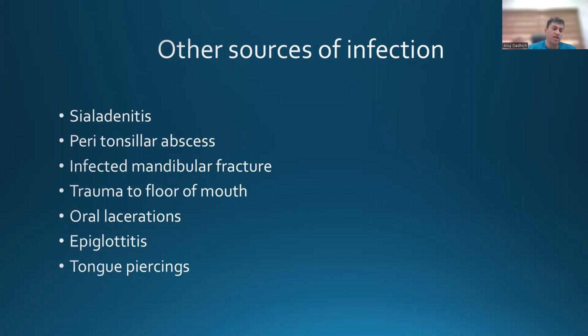Epiglottitis means inflammation or infection of the epiglottis. An extremely rare cause of development of Ludwig's angina is tongue piercing. So primary infection from the tongue can also cause development of Ludwig's angina. So these are some of the rare sources of infection, but the most common source is carious involvement of mandibular premolars and molars.